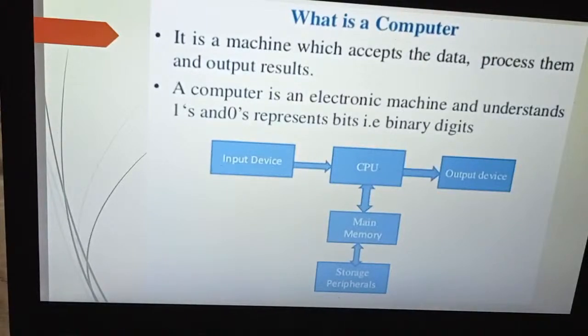Now we'll see byte. A group of 8 bits is called a byte.